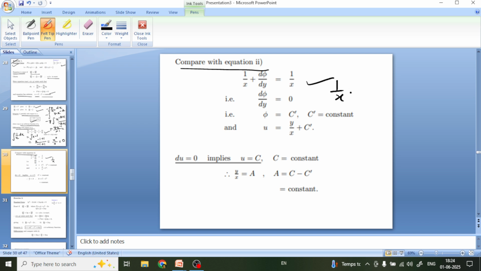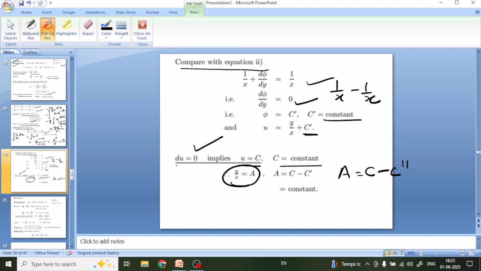How? 1 over x minus 1 over x should be equal to 0, and phi is equal to c double dash, where c double dash is a constant. u is equal to y over x plus, instead of writing phi, you will write c double dash, and du is equal to 0, and u is equal to c, where c is a constant. So y over x plus c double dash equals c, so y over x should be equal to a. Here a is equal to c minus c double dash, and that should be equal to a constant.